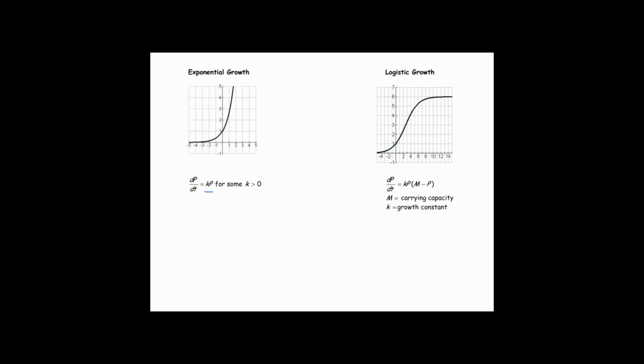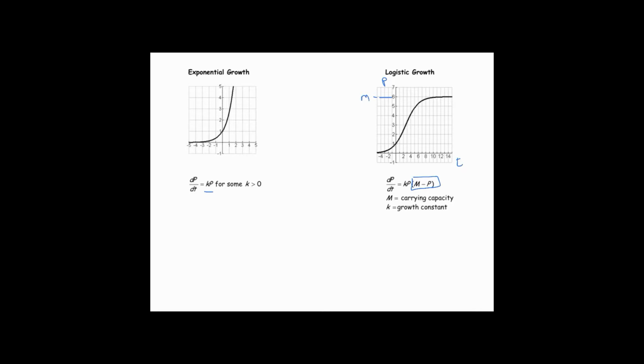If you want that to happen, notice the differential equation starts off, ignore what's in the blue box, it starts off like an exponential. But if you want it to start flattening out, you need the derivative to start approaching zero. So if we call this the t-axis, and this is the population axis over time, then this is M, the carrying capacity.